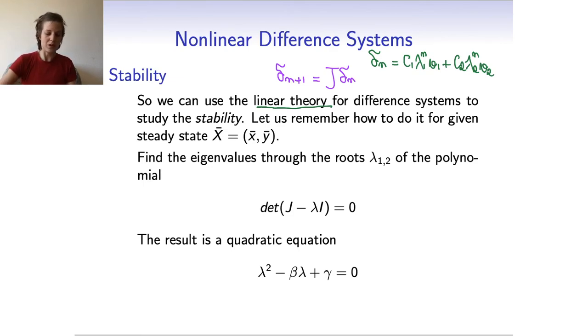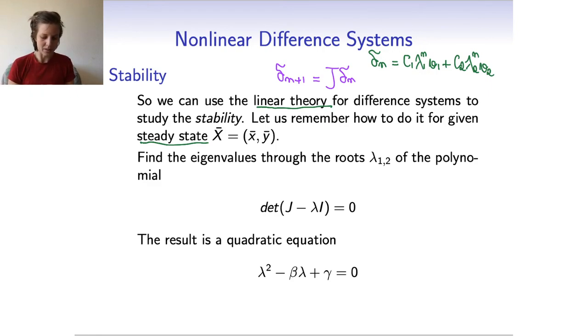So for a given steady state x bar, which is a vector now, we need to find the eigenvalues through the roots of the characteristic polynomial, where J is the Jacobian matrix.